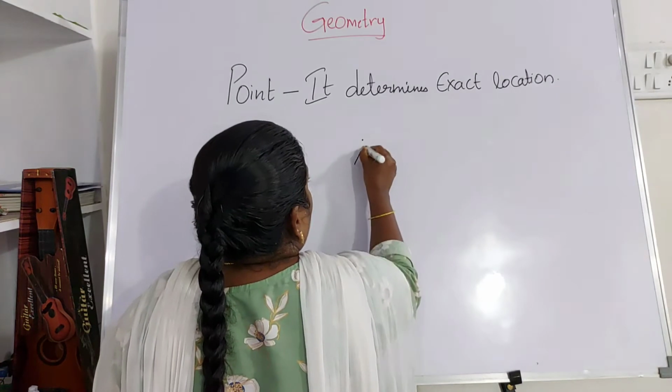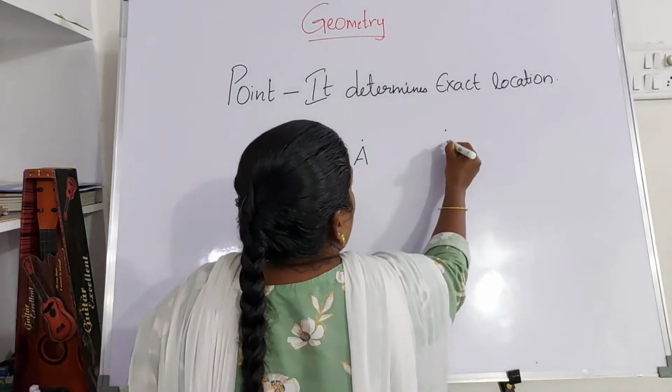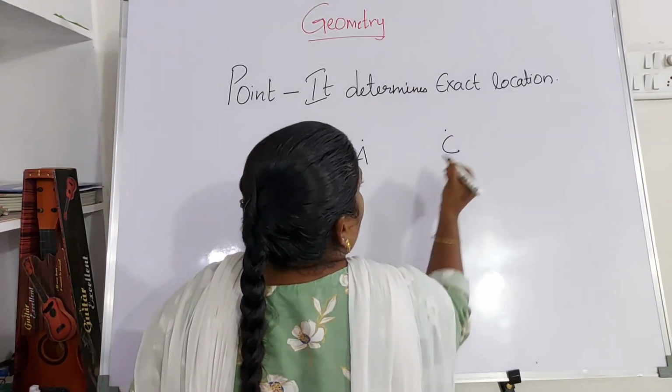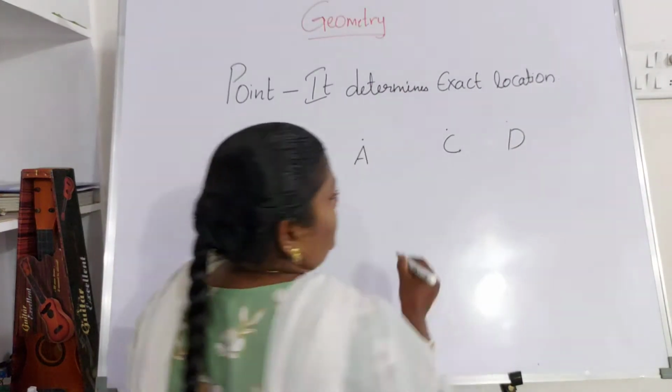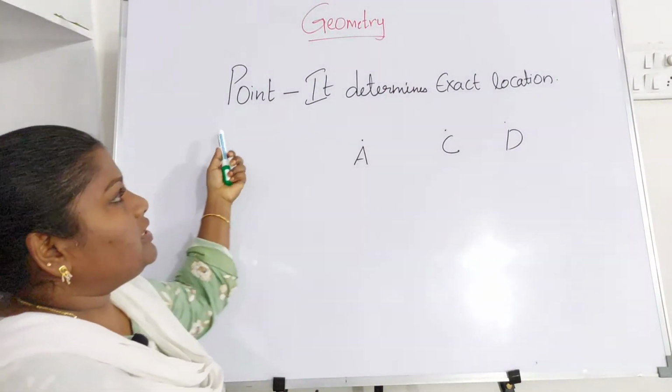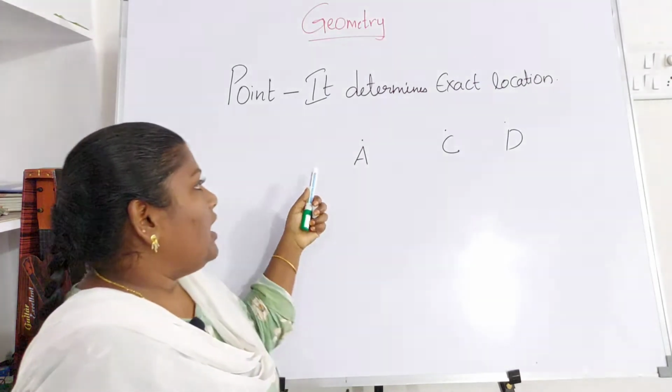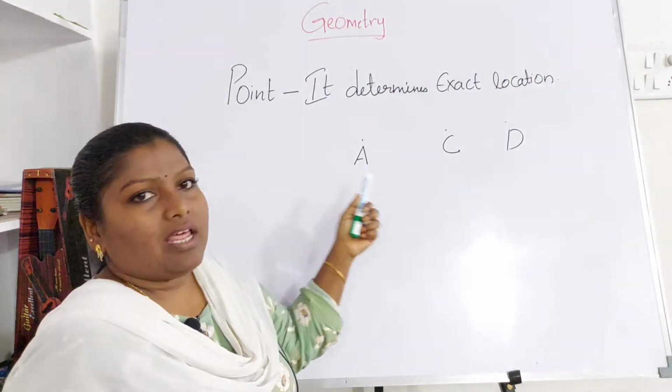So let it be A or C, D. Yes, I repeat once again, point determines the exact location and it is denoted by capital alphabets.